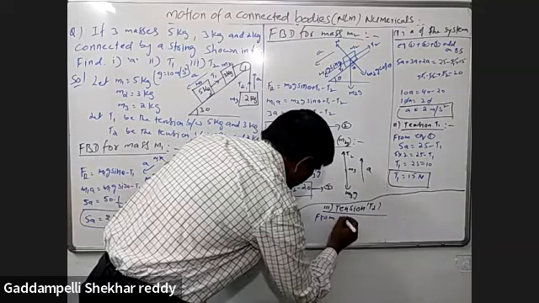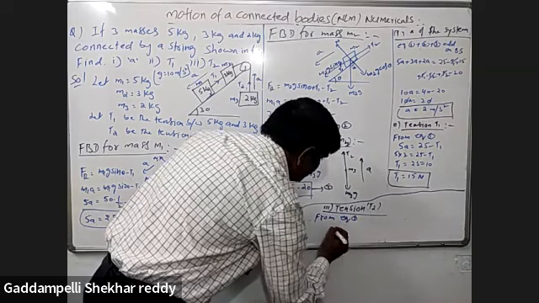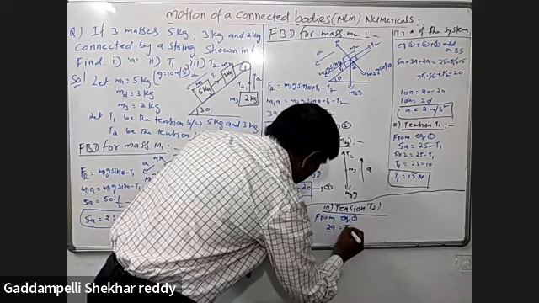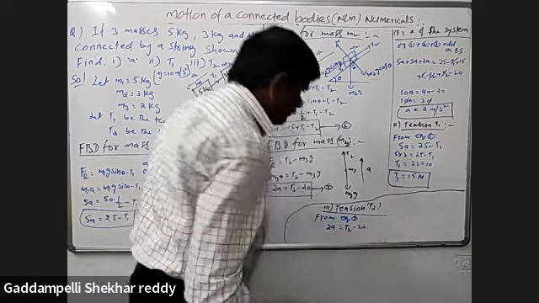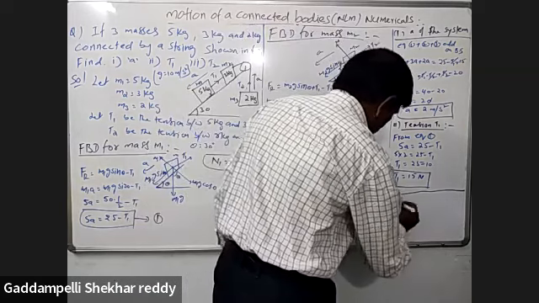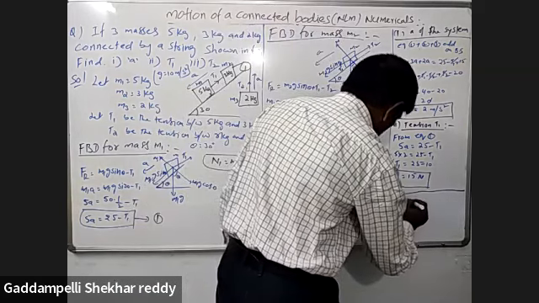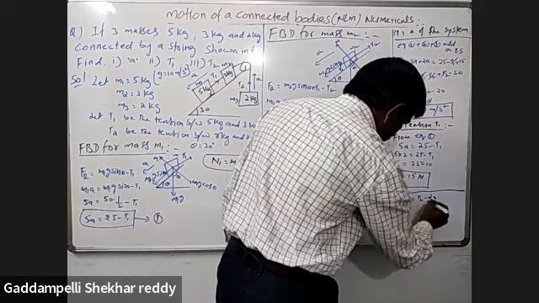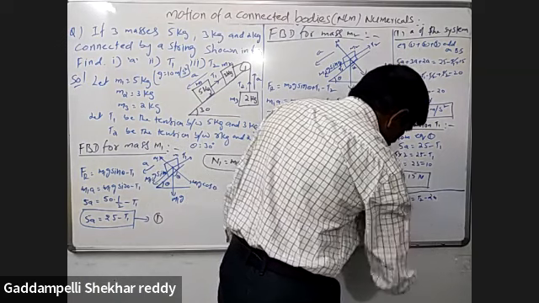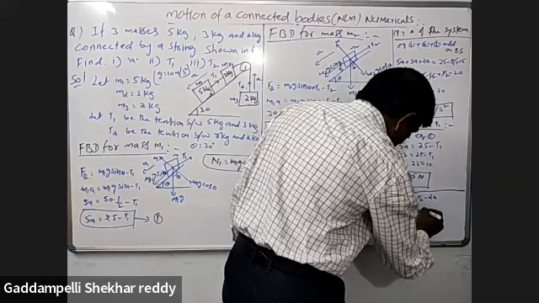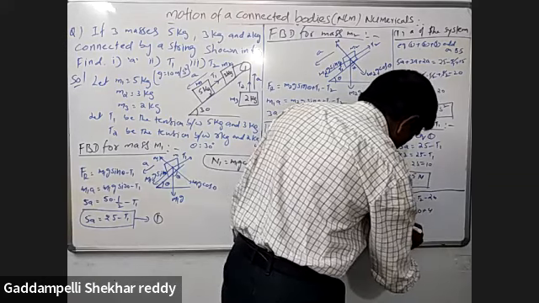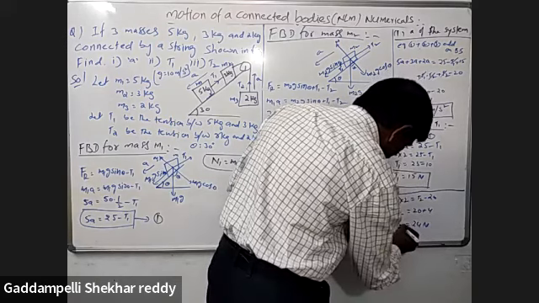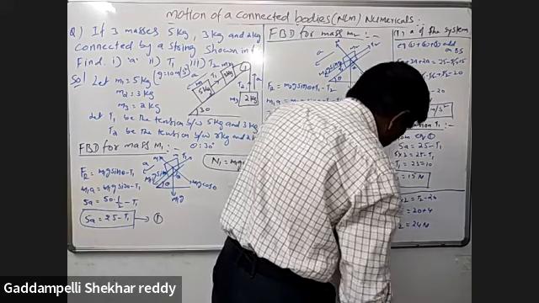From equation 3, 2A is equal to T2 minus 20. So that means 2 into A value 2 is T2 minus 20. So T2 here only, 20 transfer here, 20 plus 2 into 2, 4. So T2 is equal to 24 Newton.